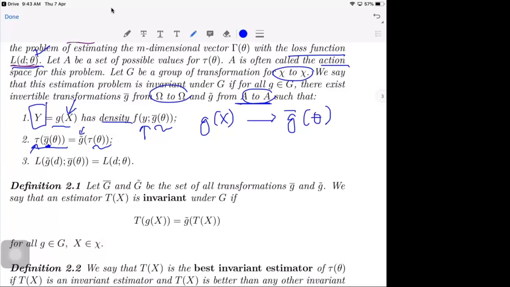Also it is telling us that the loss function incurred by doing a transformation on the action space on your estimator D, with this transformation on the parameter space, is still the same as the loss function incurred when you study the original estimator D and theta.